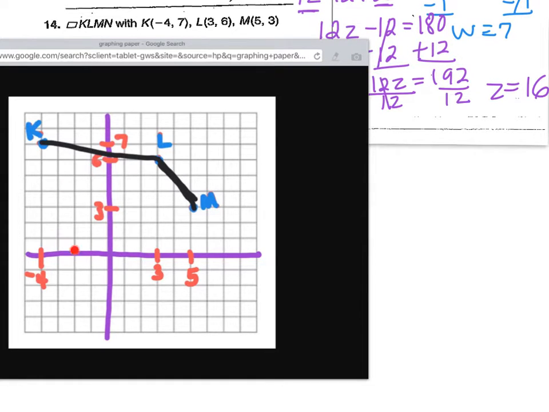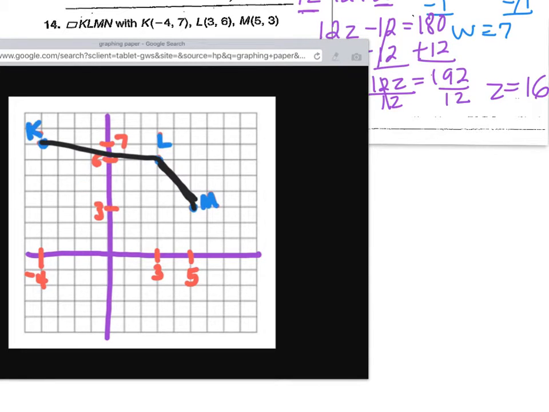Well, it has to be somewhere here, because the parallelogram has to go like this, and then something like that, and then like this. So the side KL must be parallel to the side MN, and the side KN must be parallel to LM. So if I find the slope of KL or the slope of LM, I just repeat the slope from M this way, and that way it's parallel to that, and that would give me N.